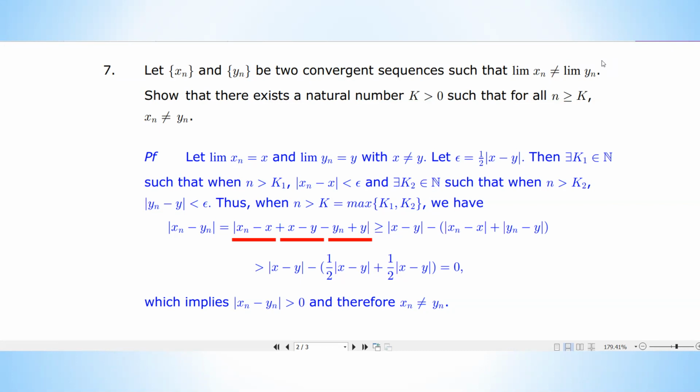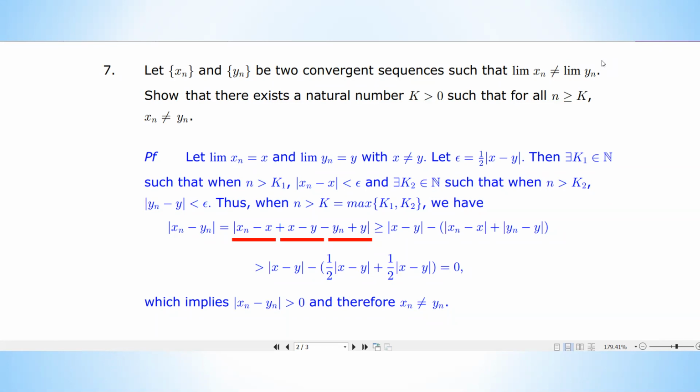So you begin with xn minus yn, okay? Now this time you insert 4 terms into the expression. Basically you insert minus x plus x, minus y and plus y. So you can see that the x cancels, y also cancels, okay? The reason for doing this is because I want to make x minus y appear, because this is something I know.